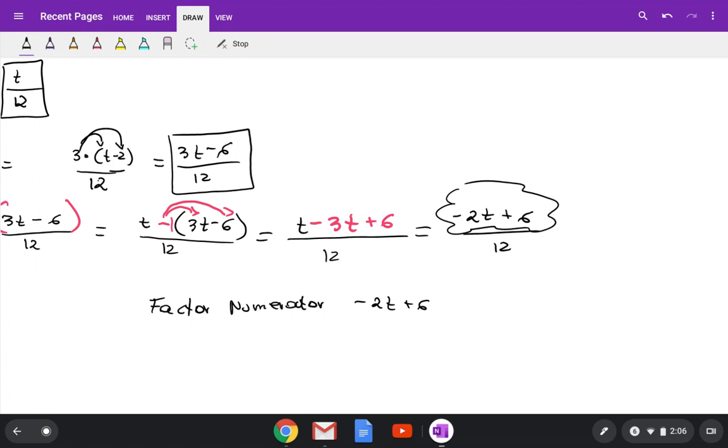What you can factor out, your GCF, greatest common factor, it's 2. You can factor 2 out. So you take your original negative 2t, you divide by GCF, which is 2, and that will give you negative t. And then you take your second original expression, which is 6, you divide by GCF, which is 2, and you'll end up with 3.